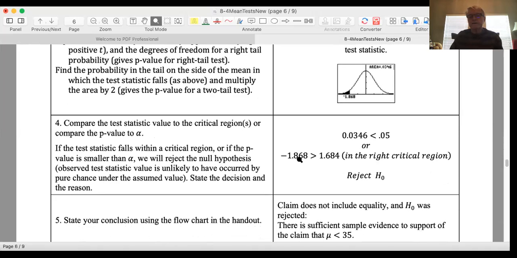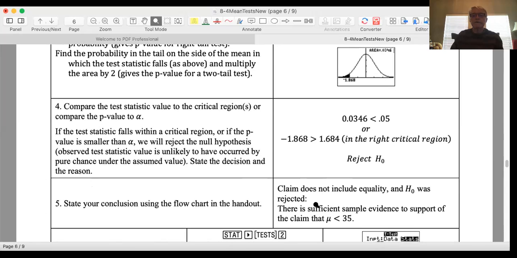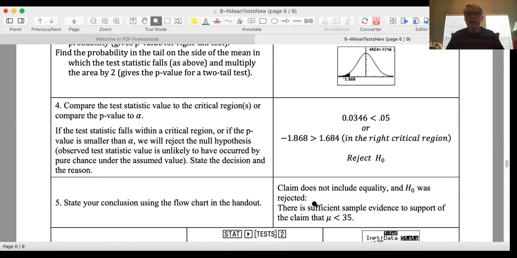The test statistic, negative 1.868, is less than negative 1.684. Therefore, we'll reject H0. I'm going to have to go back in and fix that. All right, so when you look at the document again, it probably will be correct.